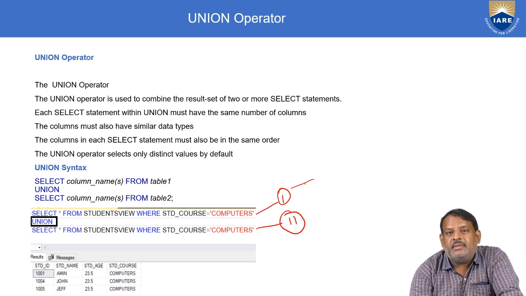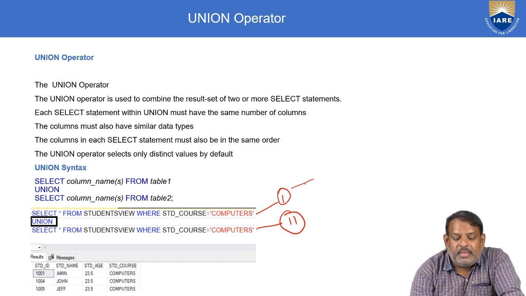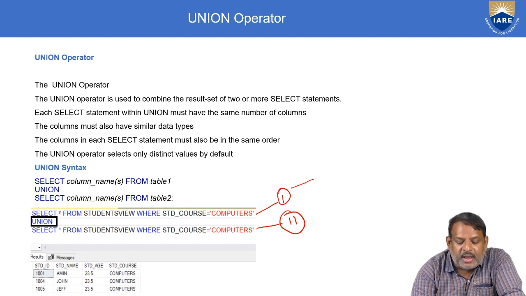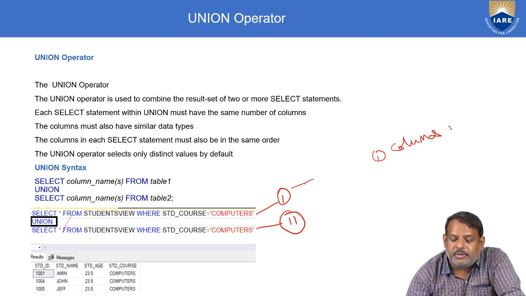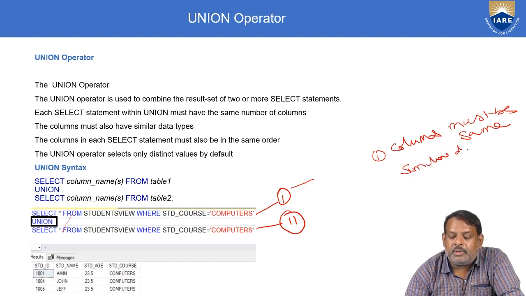And there are some conditions here. The number of columns must be the same. If I say star, it means all the columns. The number of columns should be the same in both queries. The first condition is that the columns must be the same, and they must also have similar data types.